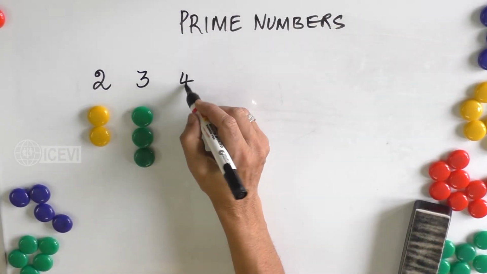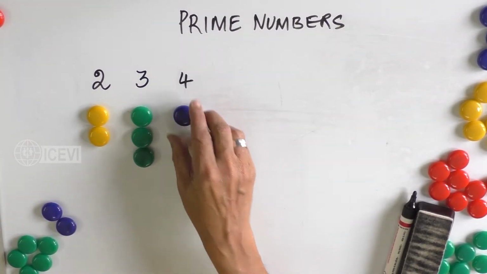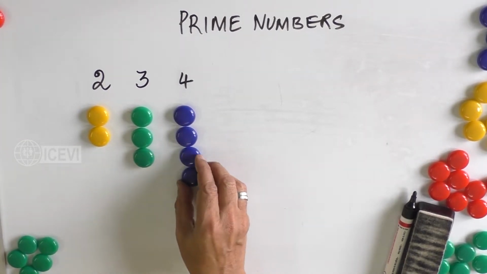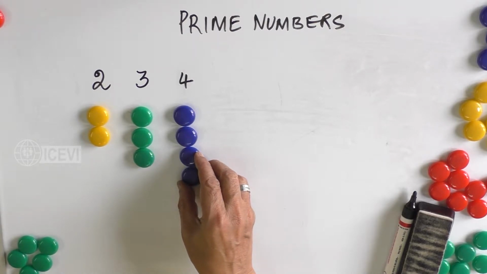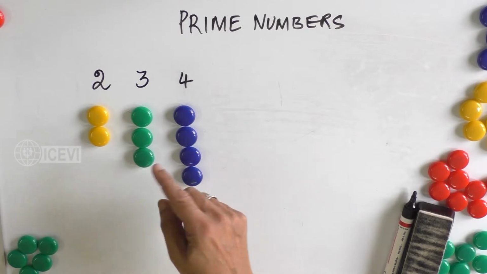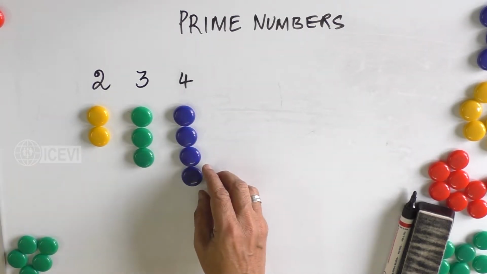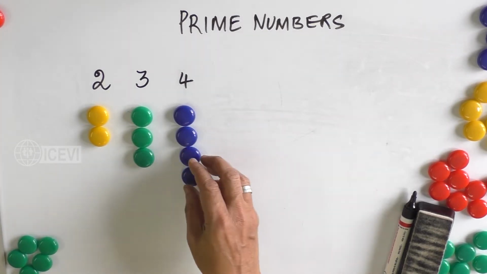Let us take the number 4. Is it a prime number? Let us take 4 magnets. Then what is the definition of prime number? There should be two divisors only. One is the number itself and another is 1. If there is any other divisor, we can't call that a prime number. So let us see whether 2 is a divisor.